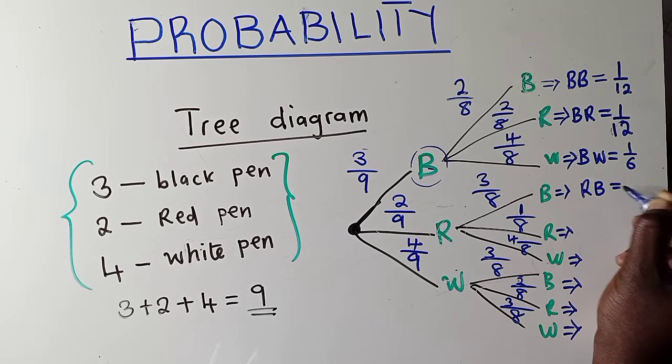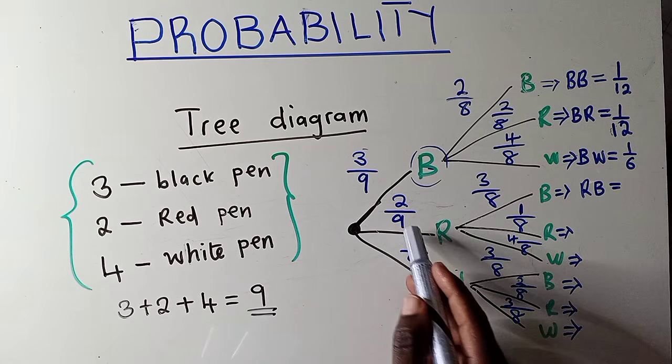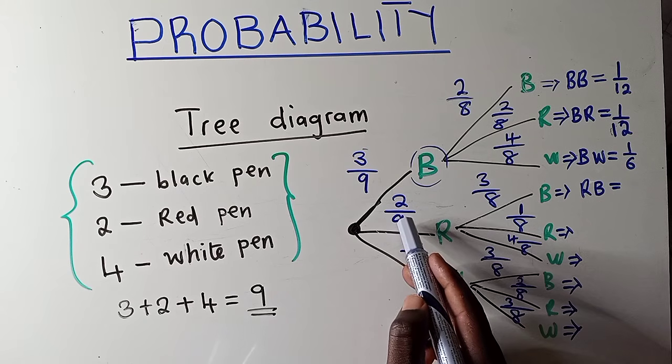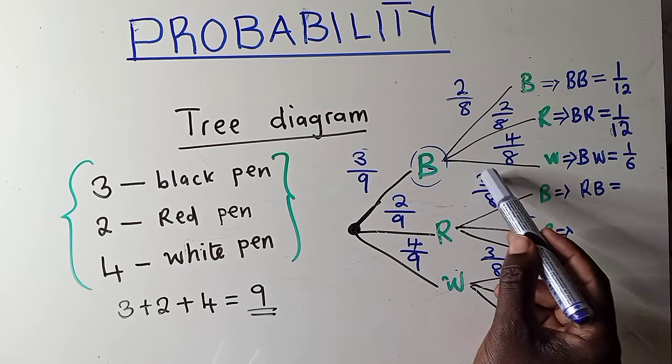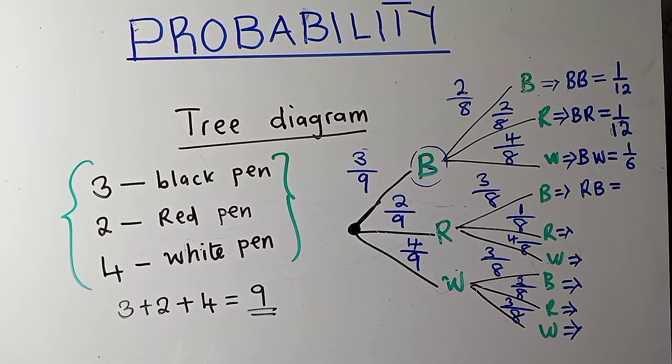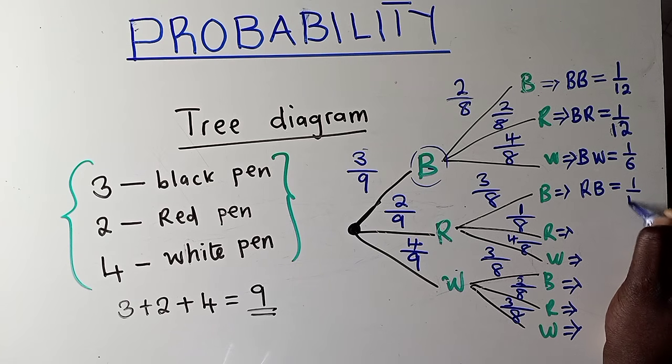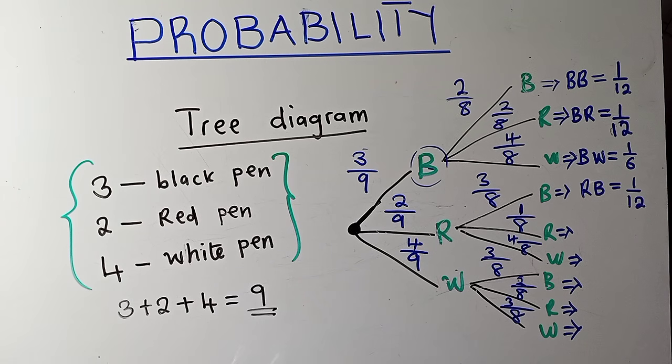RB. Okay, so R is right here, 2 over 9. B is 3 over 8. So it will be 2 over 9 times 3 over 8. Okay, we're getting 1 over 12.